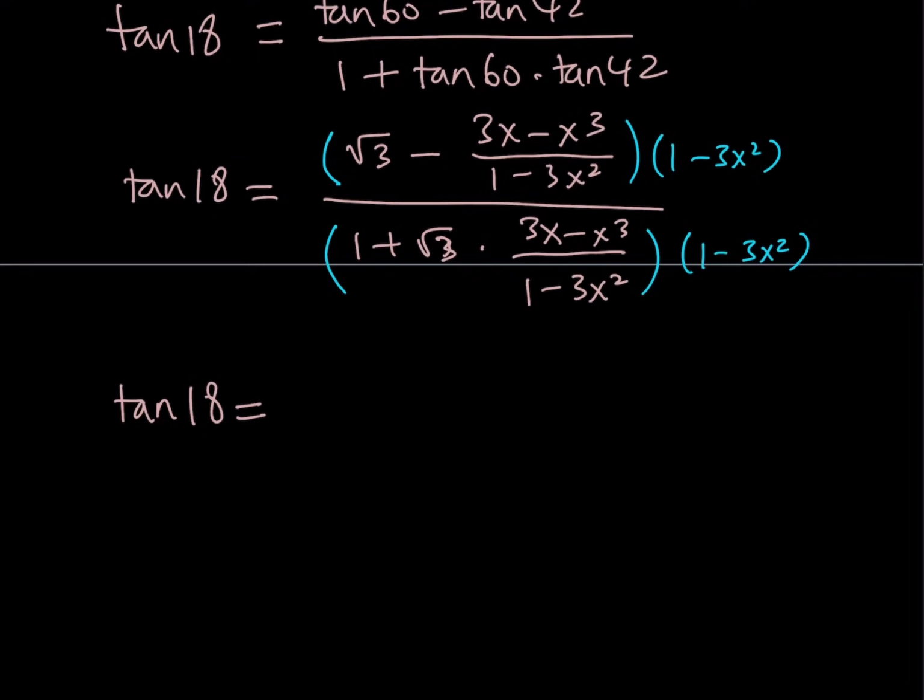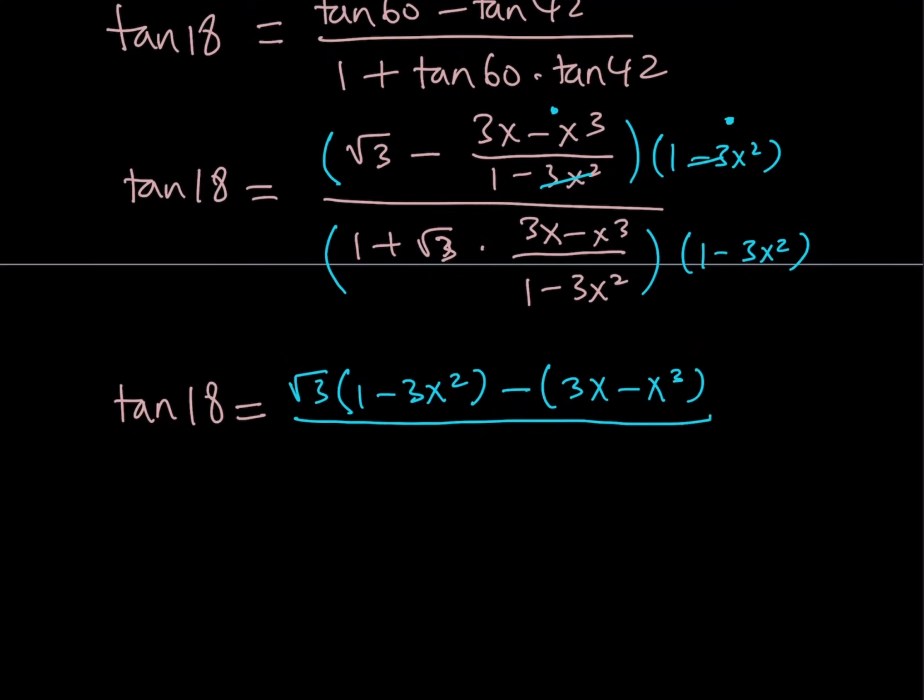So root 3 multiplied by that gives me something like this. Let's clean it up a little bit. 1 minus 3x squared, and then the second term multiplied by 1 minus 3x squared here and here. The 1 minus 3x squared is going to cancel out, and that's going to leave us with 3x minus x cubed, but we'll make sure that it's inside parentheses. And later on, we're going to simplify that.